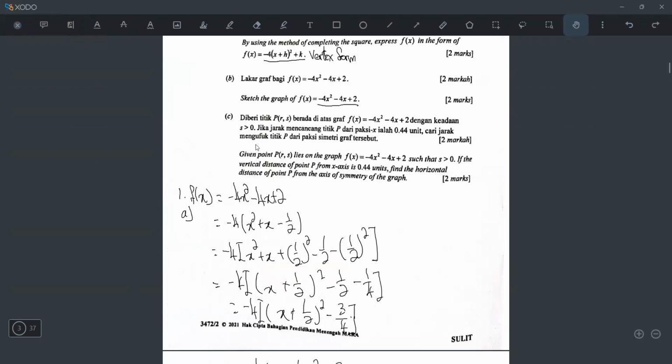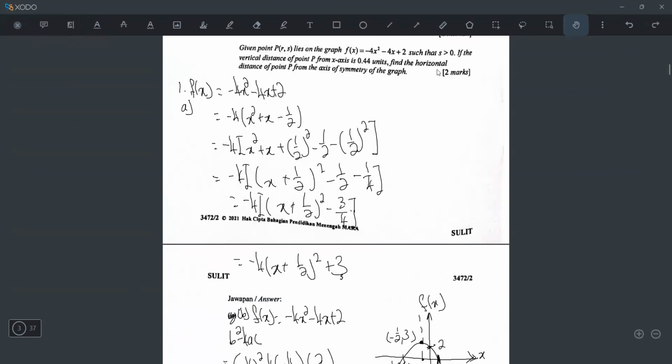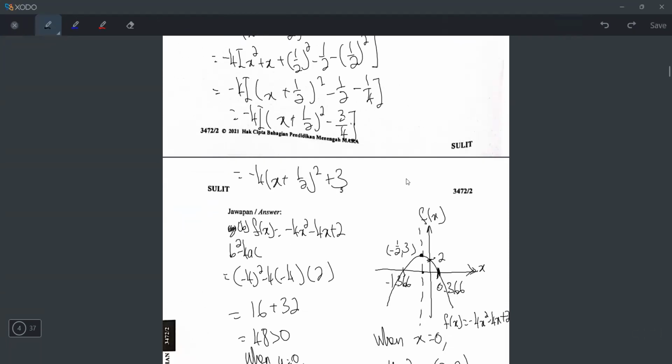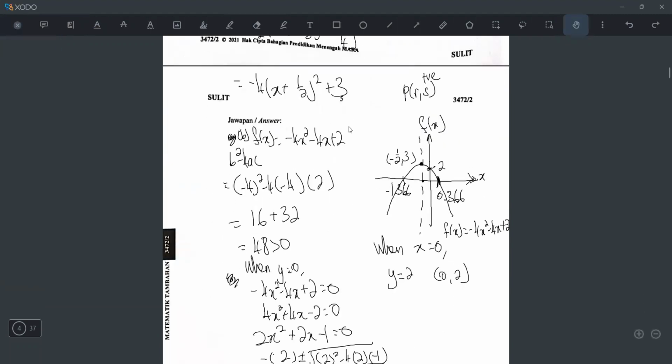All right. Okay. C. Given point P(R, S) lies on the graph fx equals -4x squared minus 4x plus 2 such that s has to be bigger than 0. Where's point P? It lies on the graph such that s is bigger than 0. So point P, the coordinate is (R, S), and the s is a positive number. The s is a positive number, means the y coordinate of P is positive.